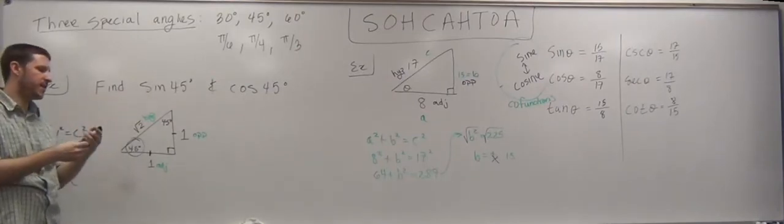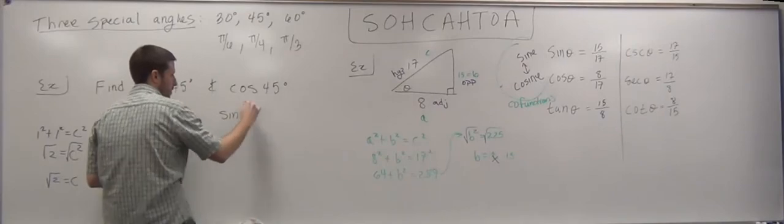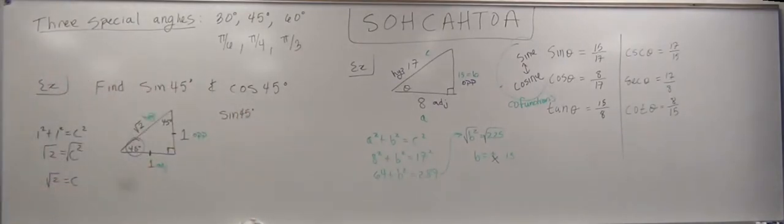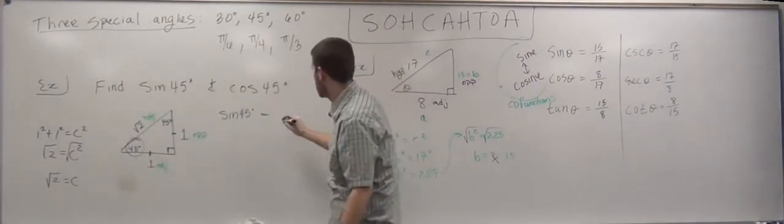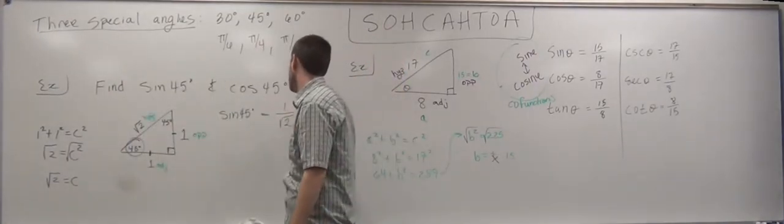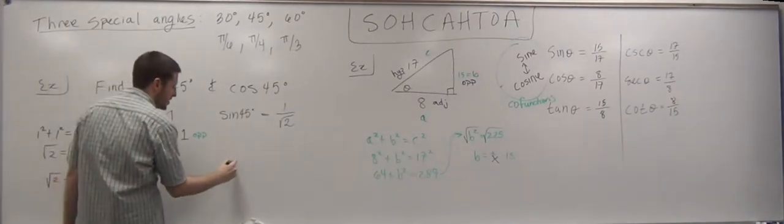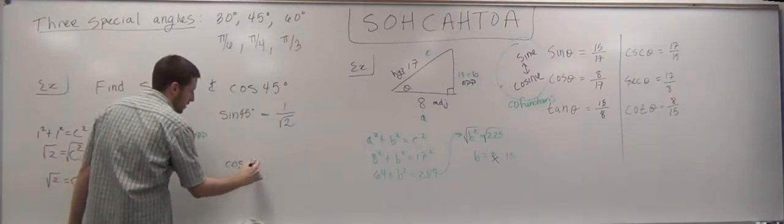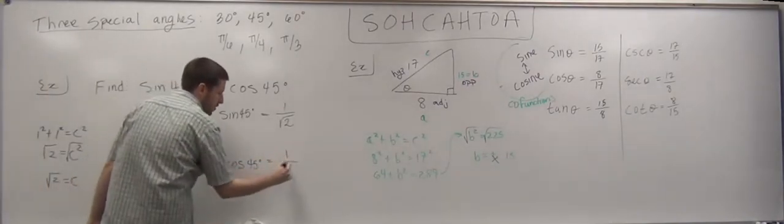So I asked for sine of 45 and cosine of 45. What are they? Sine of 45 is opposite over hypotenuse, 1 over root 2. Cosine of 45 is adjacent over hypotenuse, 1 over root 2.